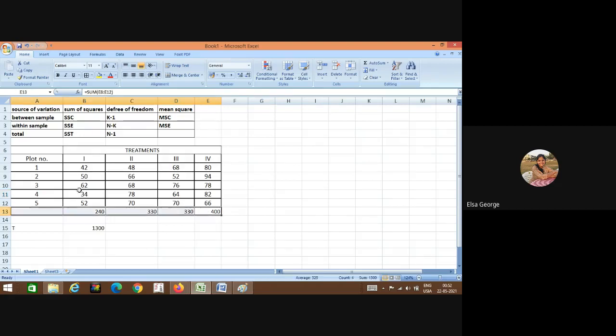Let me arrange it once again. So at first we took T, which is the total of all these values given here, and this is the total. I'll write this here so that you don't get confused. T is the total of all these values.